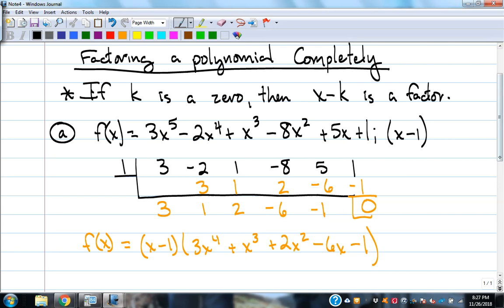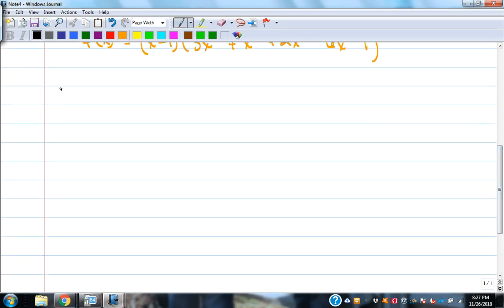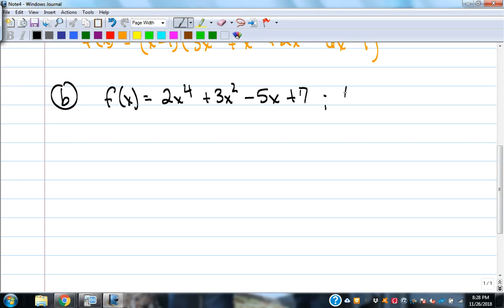Let's look at example B. Here's our polynomial, 2x to the 4th plus 3x squared minus 5x plus 7. And let's use the same one. Let's use x minus 1 again, and decide, is x minus 1 a factor of that?